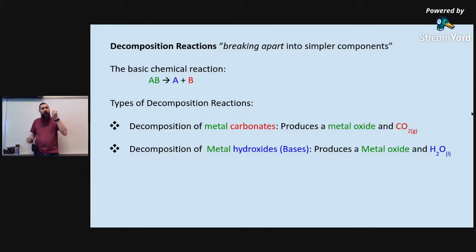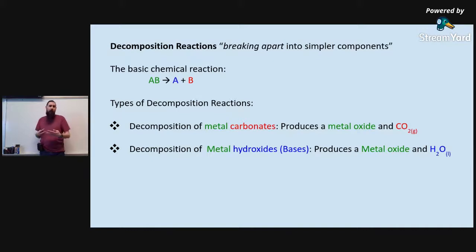Same thing if we take a metal hydroxide, so a metal and then the hydroxide polyatomic ion. If this decomposes, we're going to produce a metal oxide and water. So decomposition of metal carbonates and metal hydroxides are very similar in that in both of them we produce a metal oxide, but the second product is either going to be carbon dioxide or it's going to be water.